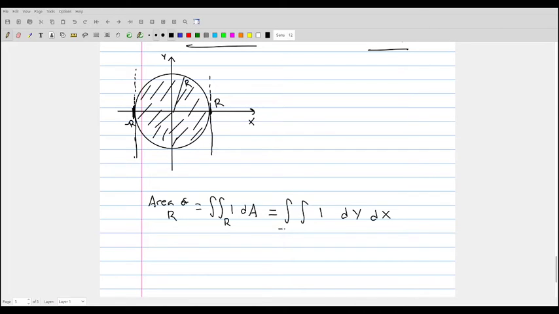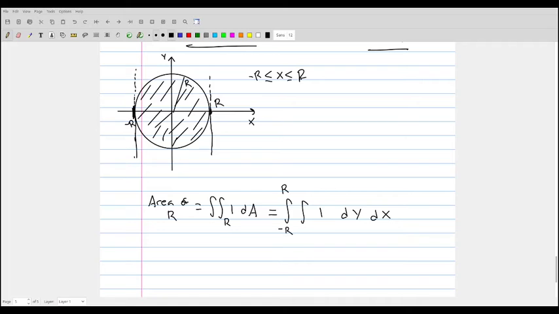So very often, figuring out the x bounds is very straightforward. You can almost look at a picture sometimes and tell what the correct x bounds of integration are going to be. So x is between negative r and r.